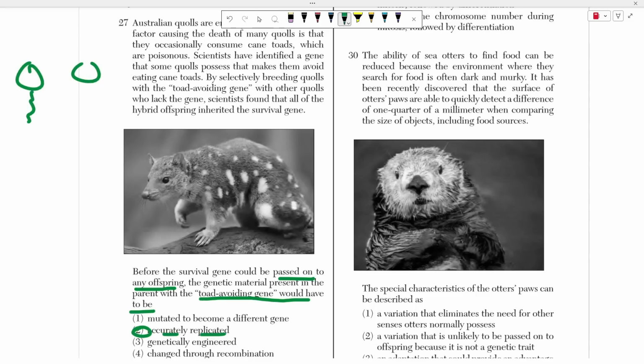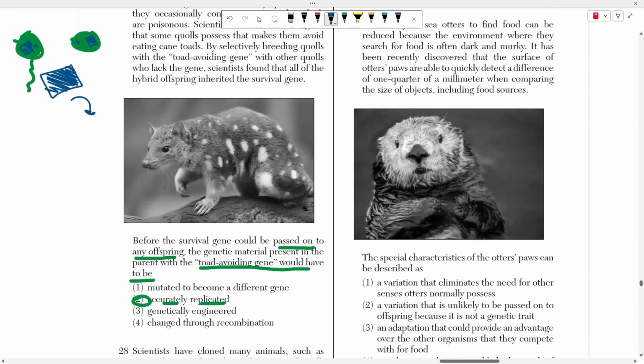So these cells need to be replicated and produced accurately in order for them to actually carry your genetic information first, right? They need to each carry 50% of that genetic blueprint so that when they combine, their blueprints can combine into one solid blueprint that will then be used to produce a brand new animal, or their offspring, okay?